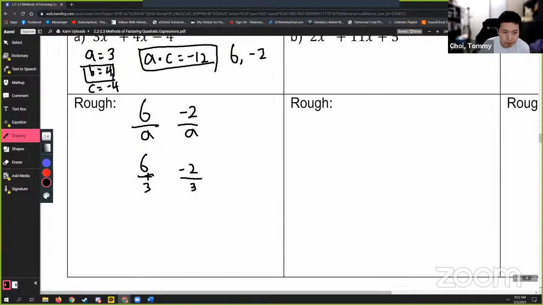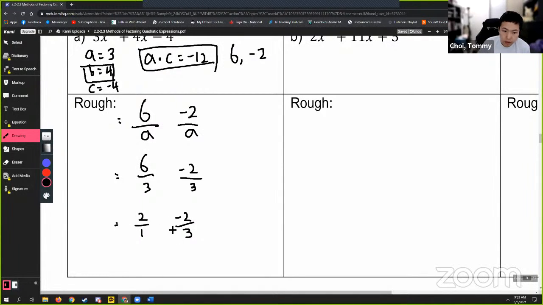Okay. What that allows us to do is then simplify the fraction. So this can simplify down. So we're going to divide the left side by 3, and that's going to give us 2 over 1 and negative 2 over 3. Right?